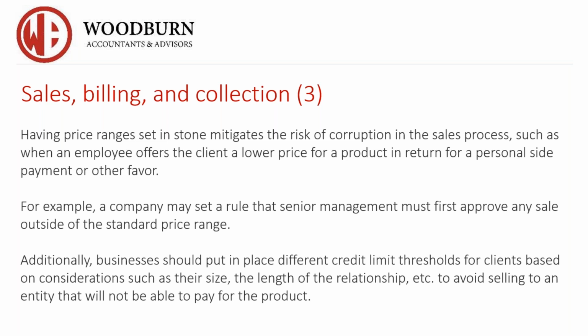In addition to that, if there are going to be credit limit thresholds for different types of clients, clients all have different sizes, the length of relationship is different, you are going to create credit limits that are available. Either you're going to have a set credit limit or you're going to make exceptions here or there. But what you probably want to do first is vet your client to make sure that they have the ability to pay you.